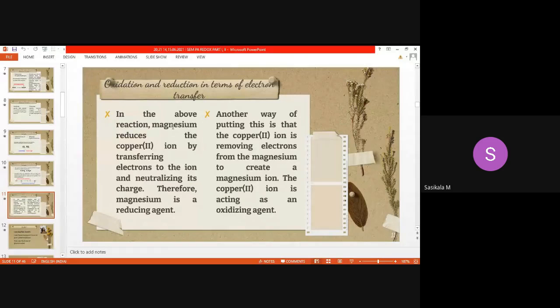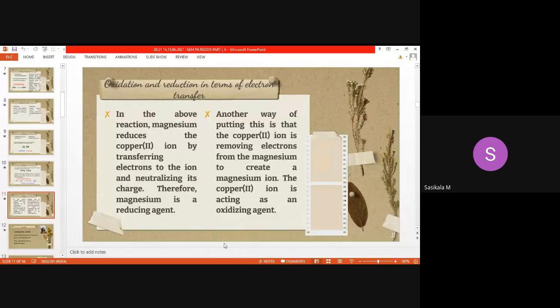So in the above reaction, magnesium reduces copper ion by transferring electrons to the ion and neutralizing its charge. The copper ion is getting its charge neutralized. Therefore, magnesium is a reducing reagent, right? Since it is reducing copper ion. Another way of seeing this reaction is removing electrons from magnesium to create magnesium ion.